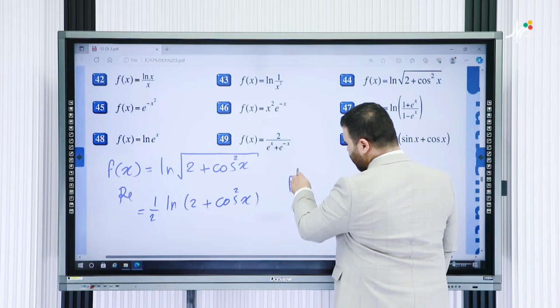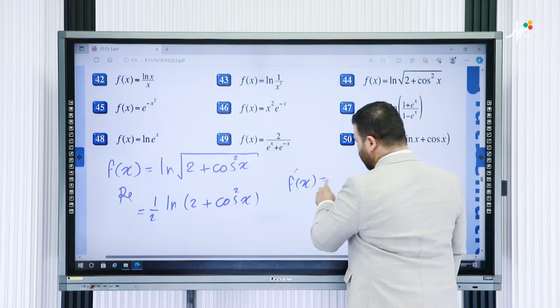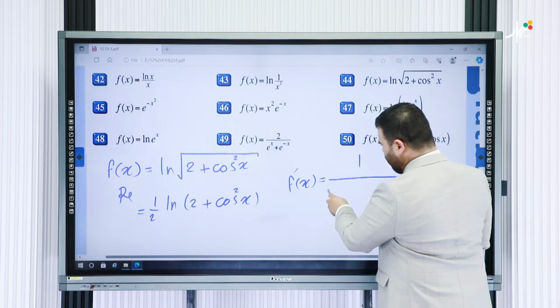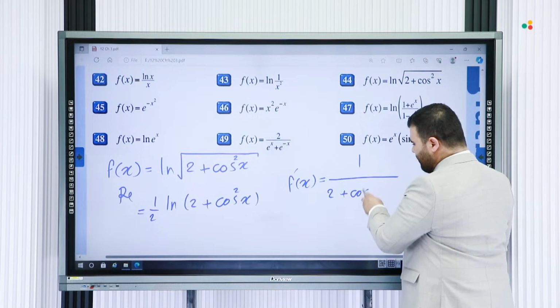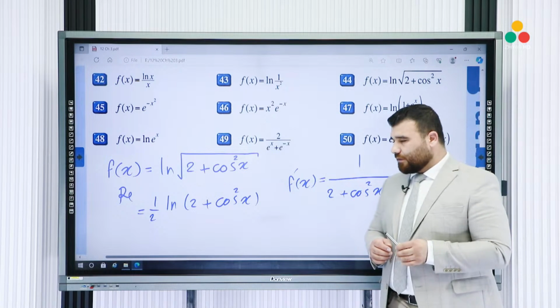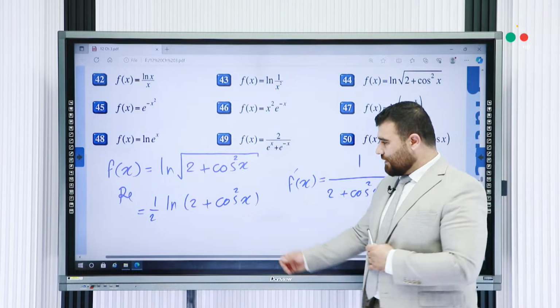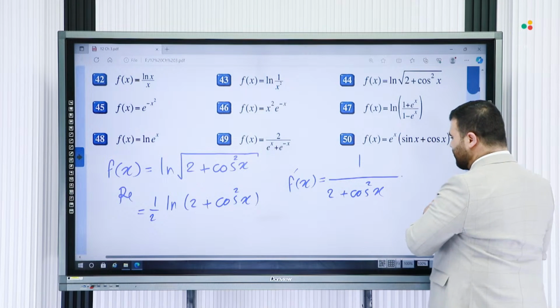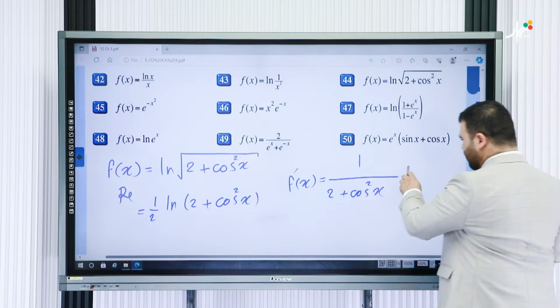Then f prime of x is equal to 1 over (2 plus cosine squared of x). That's the property of ln: 1 over whatever is inside the ln times the derivative of inside, and the derivative of 2 is 0.